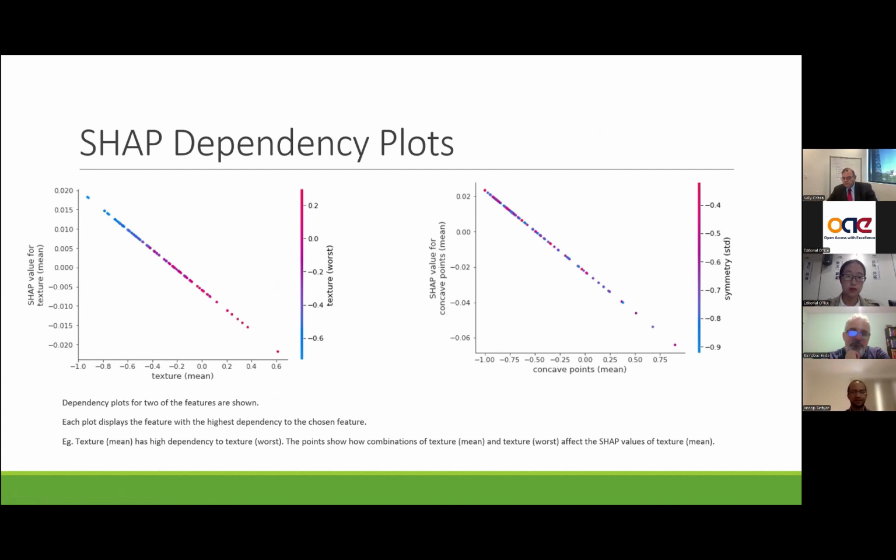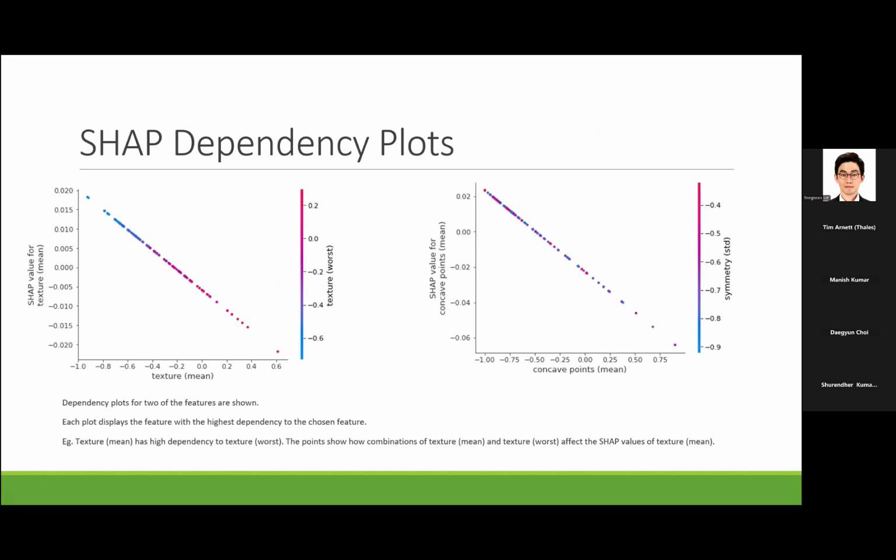You can also get a correlation between how different pairs of features are interacting with each other to produce that outcome. So just to summarize the presentation, I have considered two explainable AI techniques, LIME and SHAP, and I've analyzed them on the breast cancer Wisconsin dataset, which is a very popular dataset on the UCI repository.